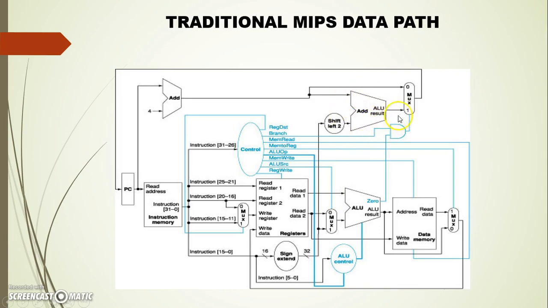Now this block here calculates the branch address or the jump address whenever a branch or jump instruction is executed. This AND gate indicates whether the branch has to be taken or not. One of its inputs is driven by the control unit.